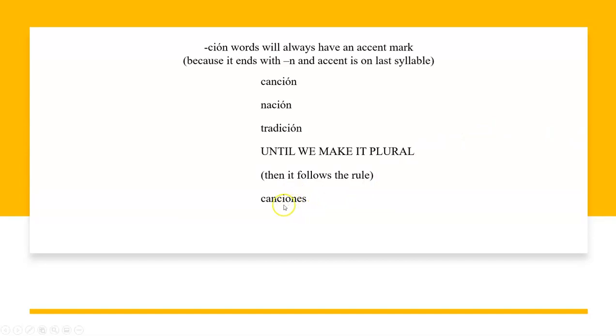So the emphasis is still over the O in this case, and it's the second to last syllable. So now you do not need an accent mark. Nación to naciones. It's on the second to last syllable, and now it ends in an S. It follows the rule. Tradición, tradiciones.